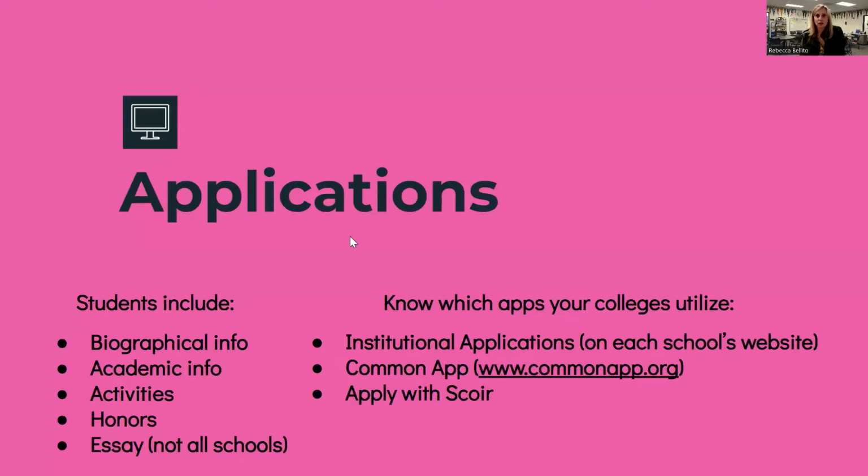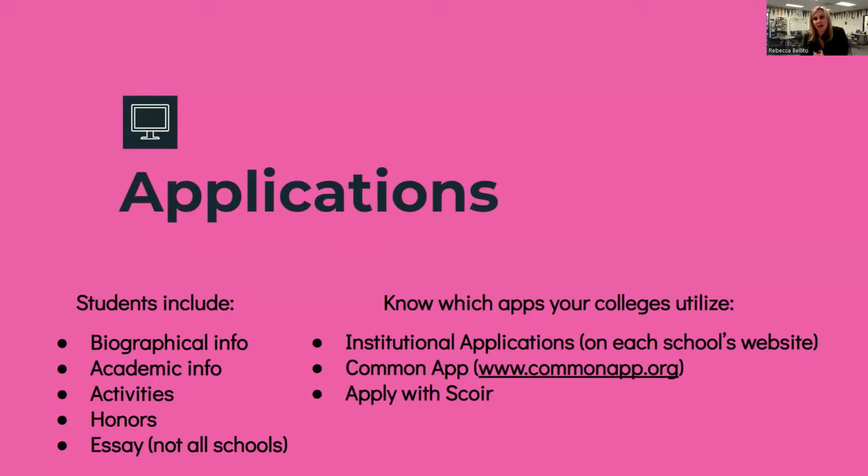So on your actual application, a lot of those are just going to ask for biographical info. It might include some info they're asking of your parents. And so you might need to sit with your parents to fill out some of your applications. It's going to have your academic info, activities, any honors that you've received, and then for some schools, an essay.